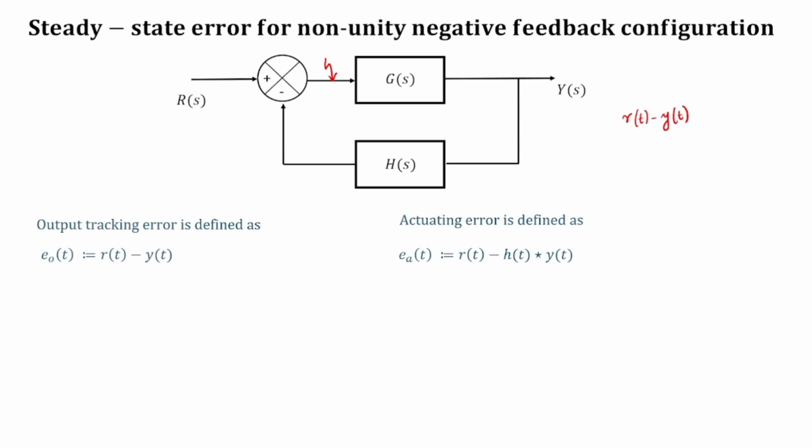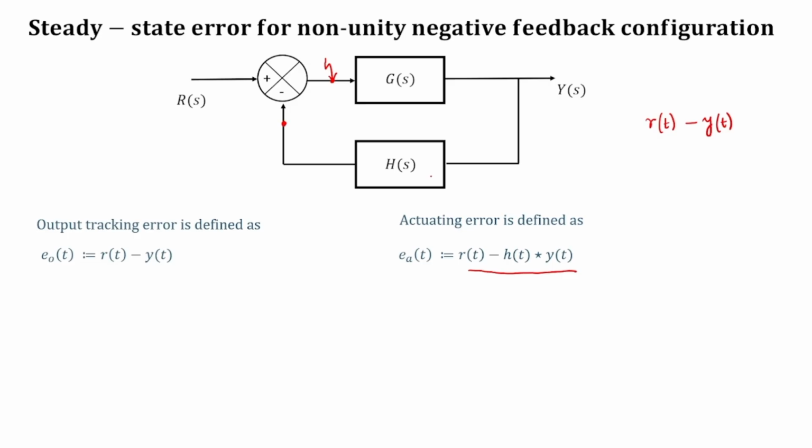Hence we can define two types of error. One is called the output tracking error, which is the error between the reference signal and the output signal, and there is something called an actuating error, which is the error at this point, given by r(t) minus the signal at this point.